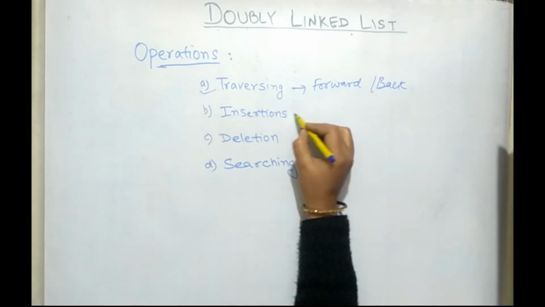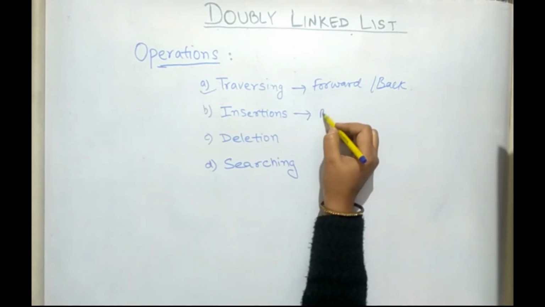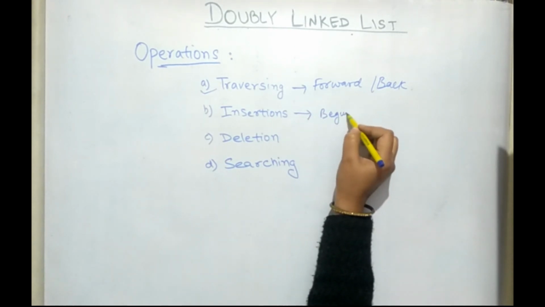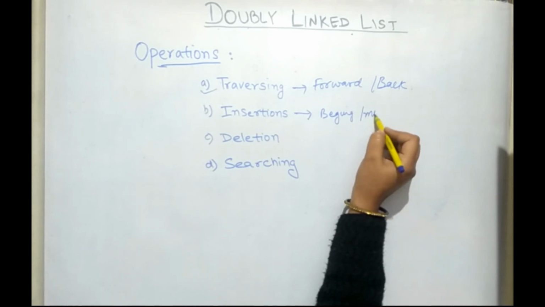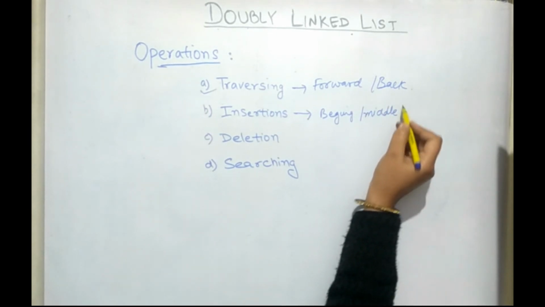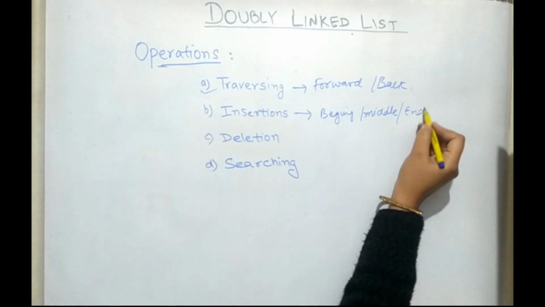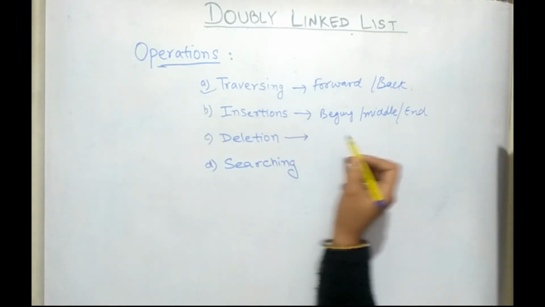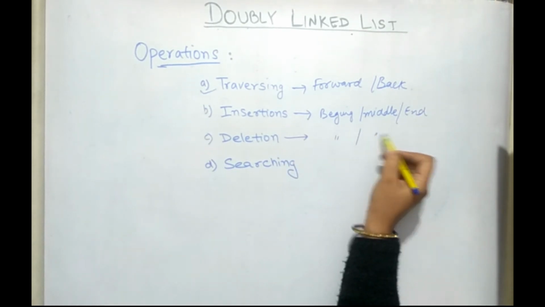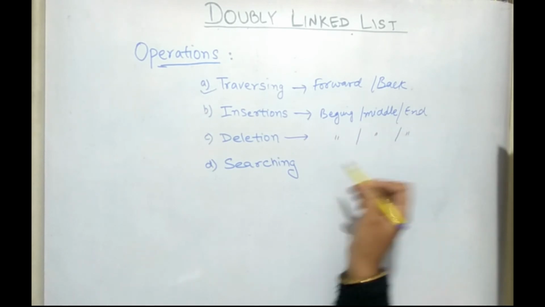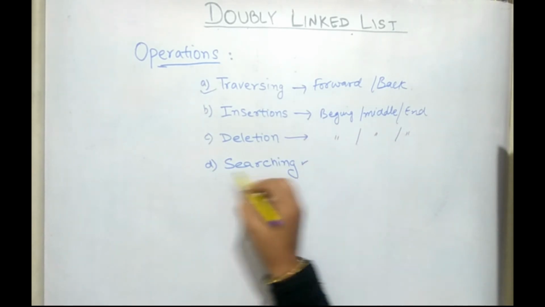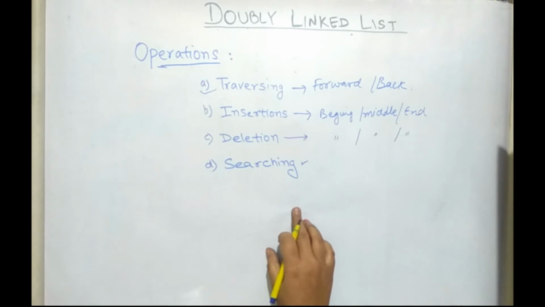We can insert a node in the beginning, in the middle between two nodes, or at the end of the list. Deletion has the same three possibilities: in the beginning, middle and end of the list. And we can perform the searching operation as well.